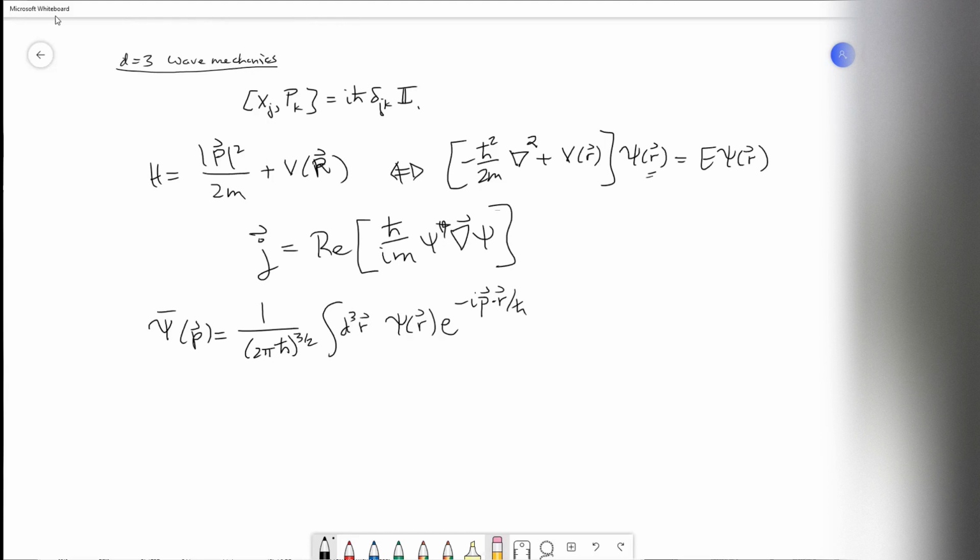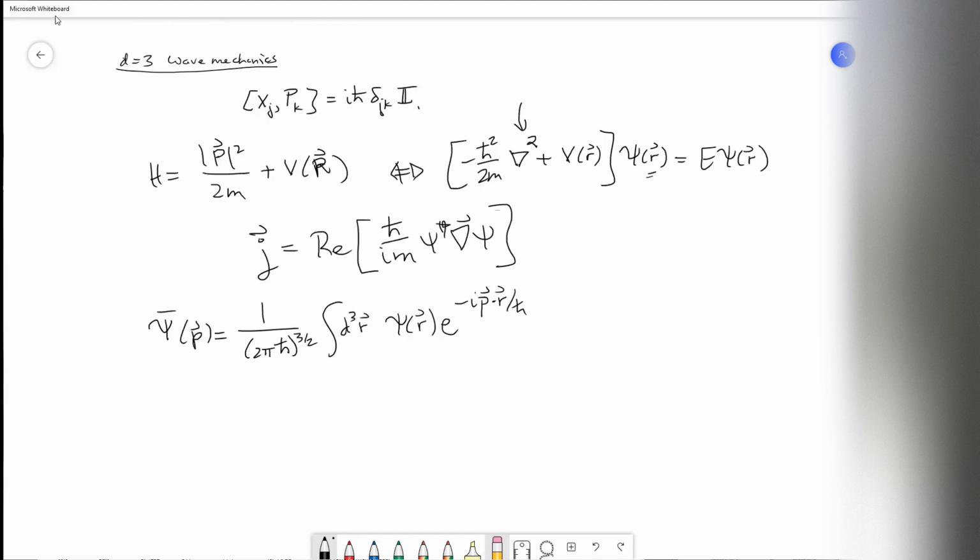But usually for the kinds of problems you solve, you will use some symmetry, like you assume that you have spherical symmetry, in which case you can use spherical coordinates to write down this Laplacian.